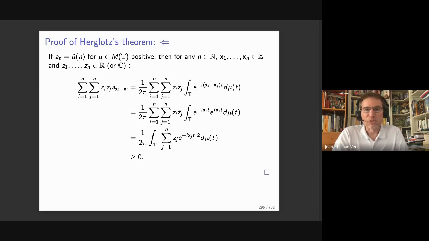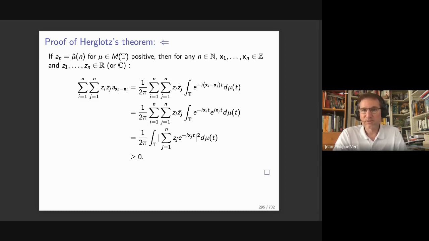Okay, so in order to prove that this is non-negative, we just replace a by its property, which is to be the Fourier transform mu hat of x_i minus x_j. And so we replace a of x_i minus x_j by 1 over 2 pi times the integral of exponential of minus i t times x_i minus x_j d mu of t. Then the magic occurs. The magic is just to notice that the exponential of a sum is the product of the exponentials.